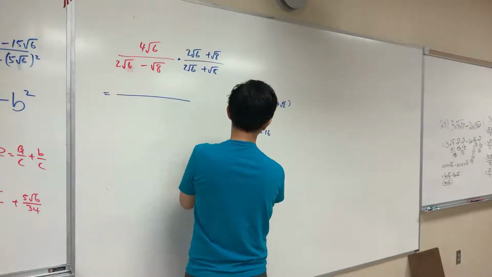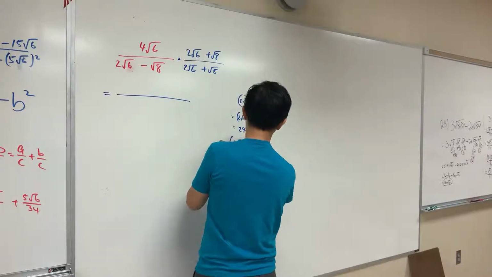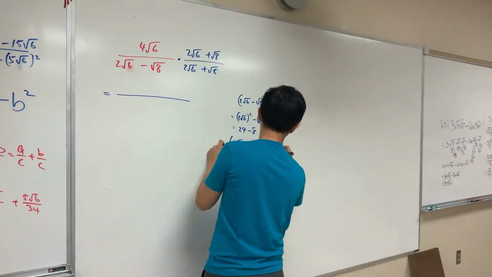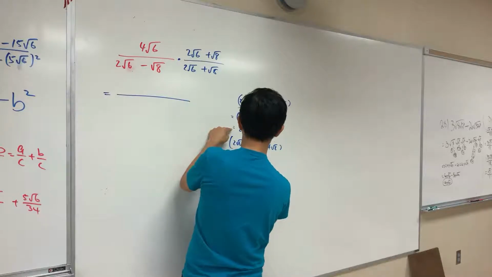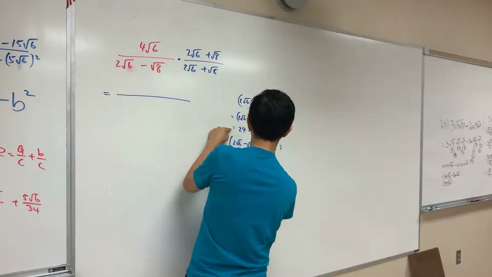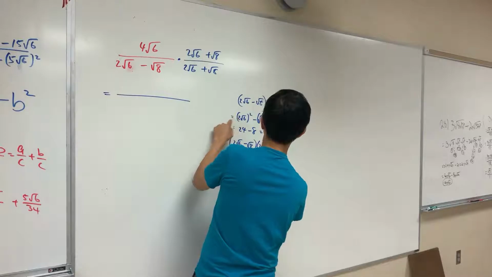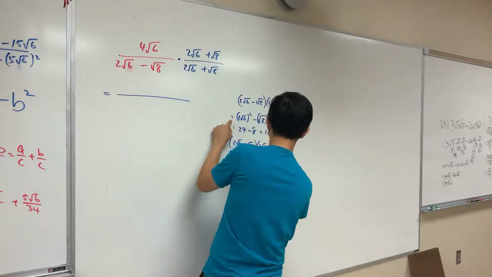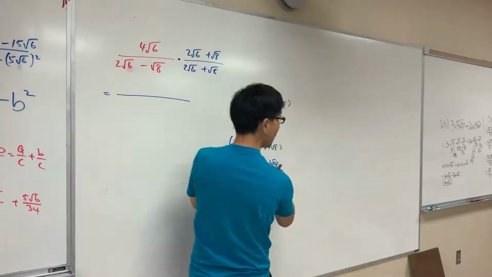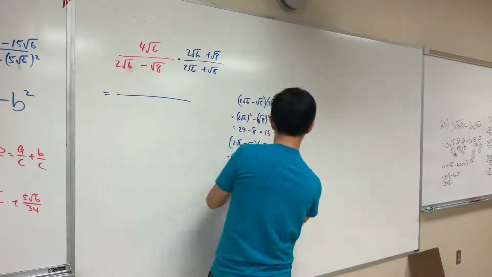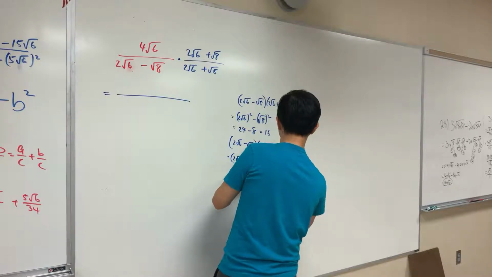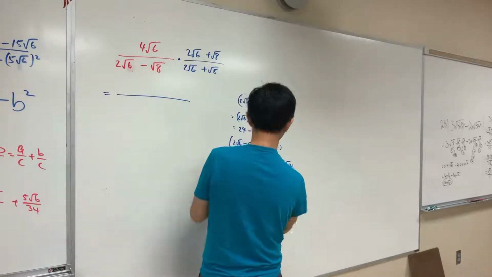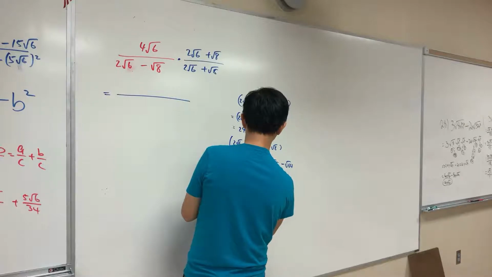Or I can do it the long way, and that's going to be 2 square root of 6 squared minus 2 square root of 48, plus 2 square root of 48. Eventually the two middle terms cancel out. Do you see that? Minus square root of 64, which is the same thing, so 4 times 6, 24 minus 8, that's equal to 16.